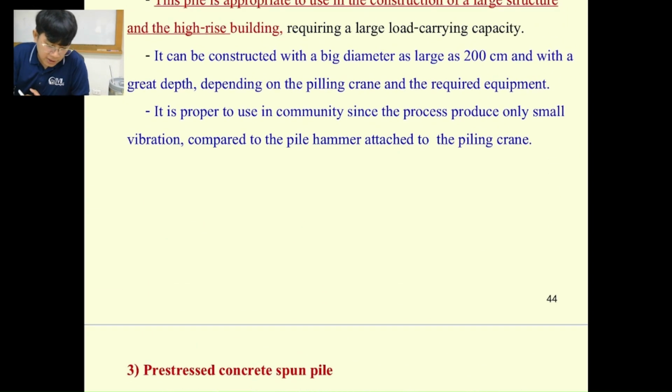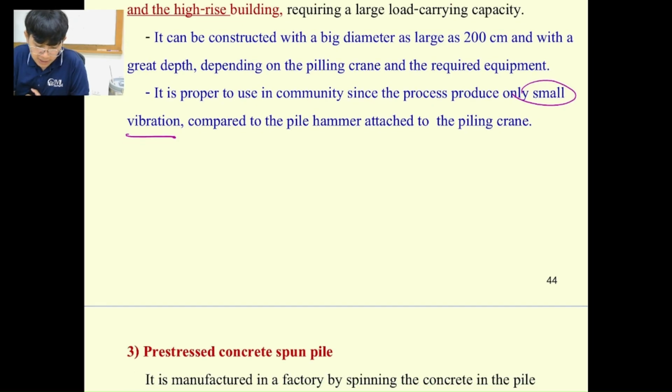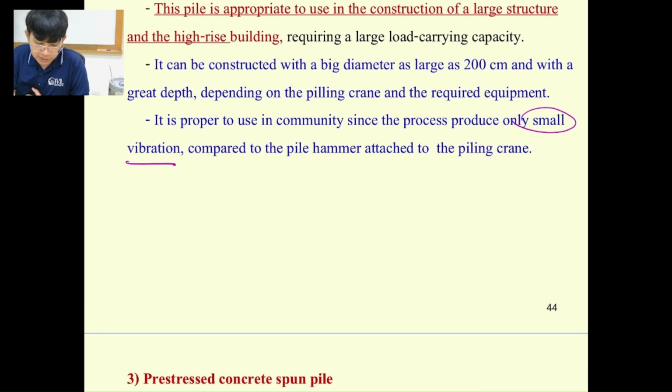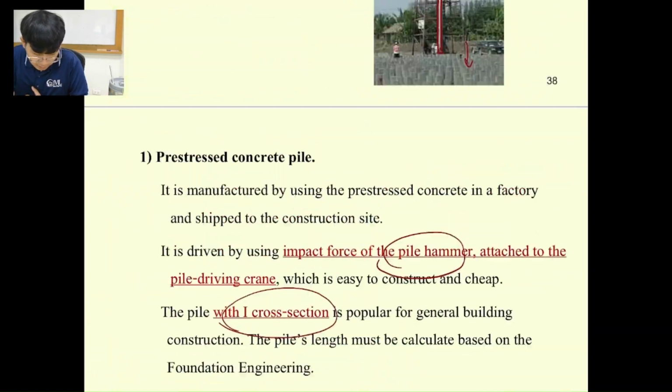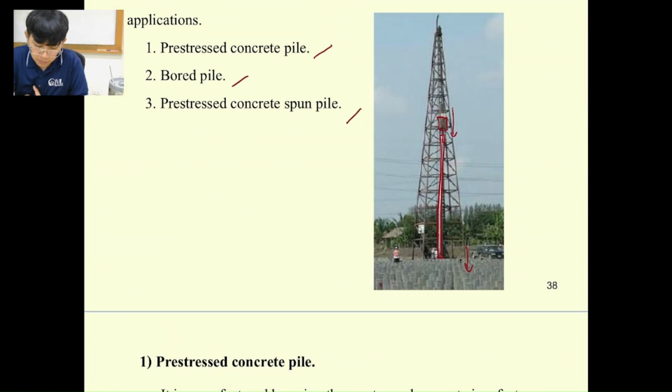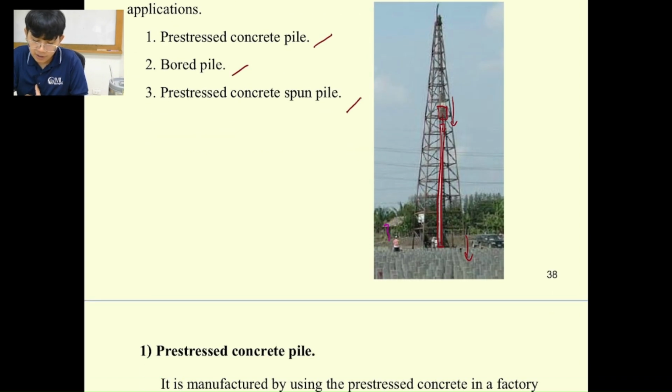The good thing about the bore pile is that it produces really small vibration, and it's not going to produce really loud noise compared to the precast pile. When you use the hammer, it produces a really loud noise, and it also produces vibration for anyone close to your project.